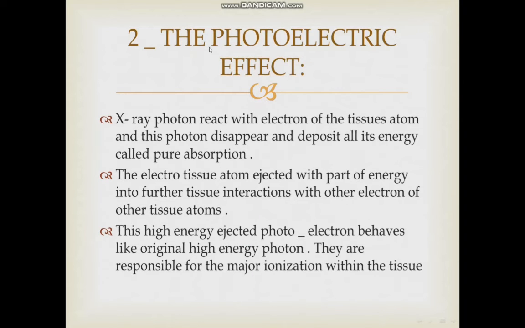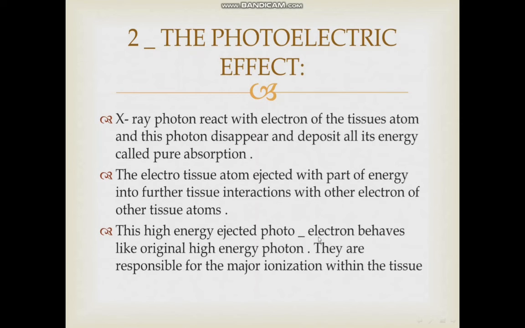The second absorption type is the photoelectric effect. The X-ray photon reacts with an electron of the tissue atom, and this photon disappears and deposits all its energy, called pure absorption. The electron of the tissue atom is ejected with energy into further tissue interaction with electrons of other tissues. This high energy ejected photoelectron behaves like the original high energy photon.